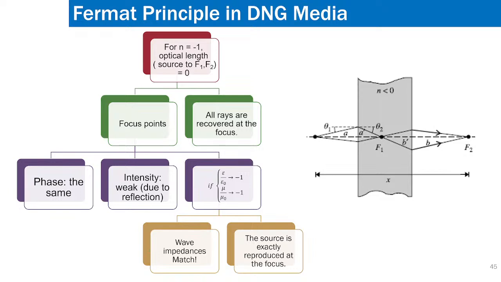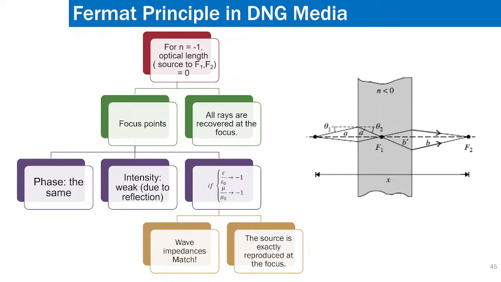Now, if n is equal to minus 1, then the optical length is equal to 0. Optical length means the optical length from source to F1, the first focal point within the slab, or source to F2, the second focal point outside the slab. How can optical length be 0? Now, the optical phase is equal to 2 pi by lambda into the physical path length.